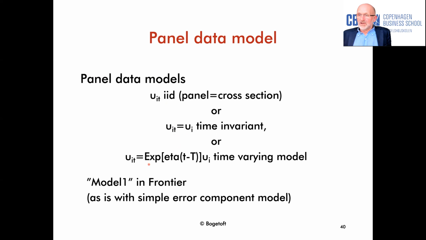So, for example, it's developing with a factor eta times t minus 1. So depending on the value of eta, the inefficiency term goes down or goes up over time. It was originally called model number 1 in the Coelli version of the Frontier package. I'm not quite sure if it's called that in the R package.